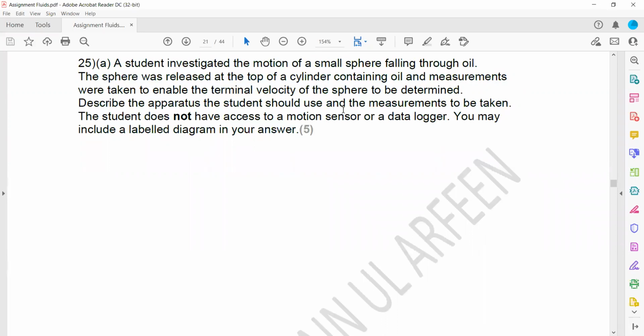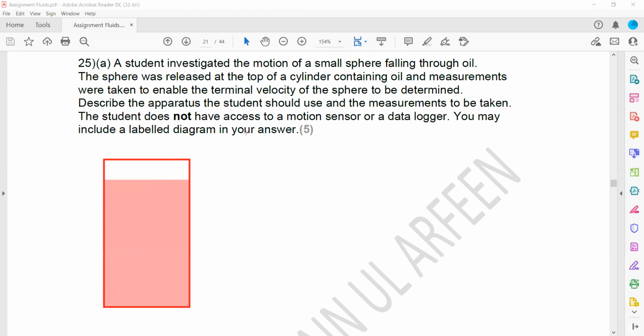So the student is investigating the motion of a small sphere as it is falling, and he wants to take measurements that enable him to measure the terminal velocity. So first we'll take a measuring cylinder, and that measuring cylinder is filled with a liquid.